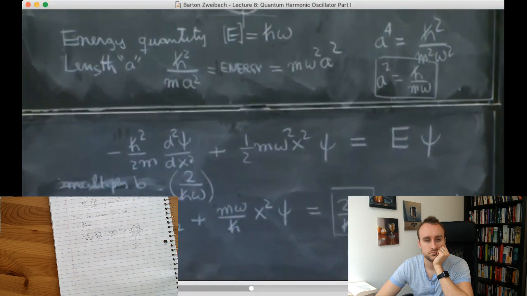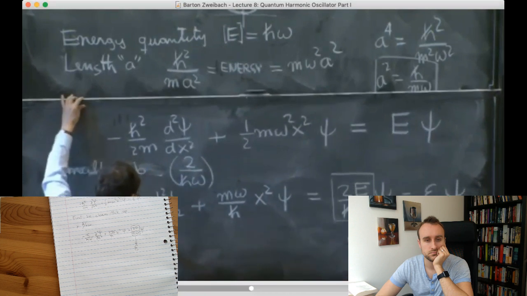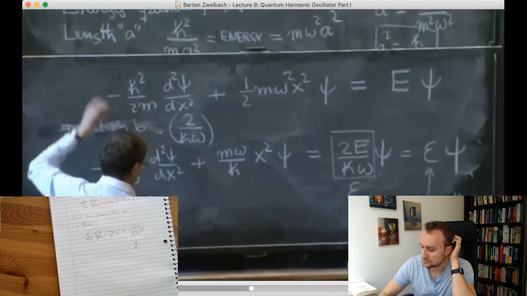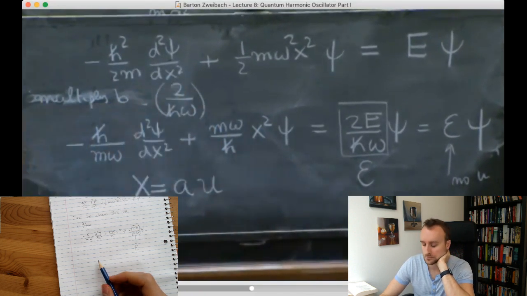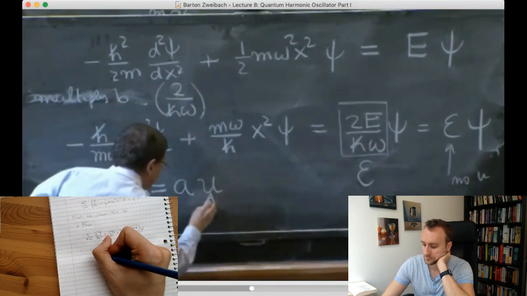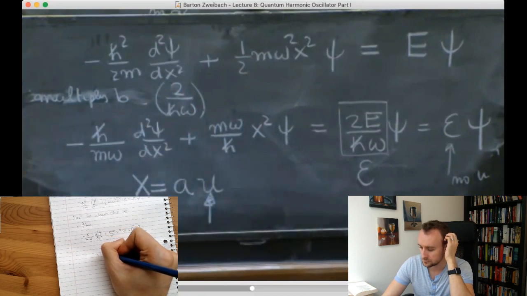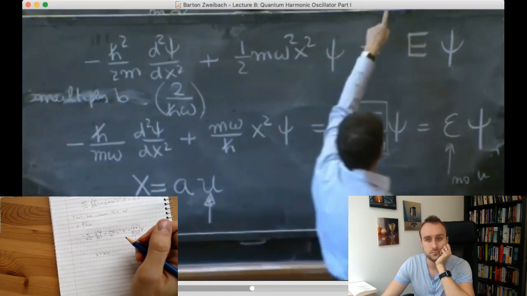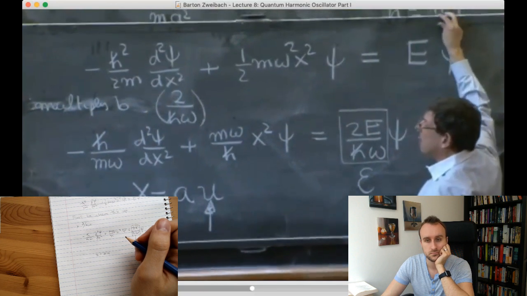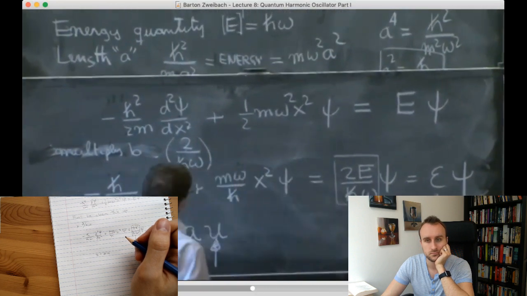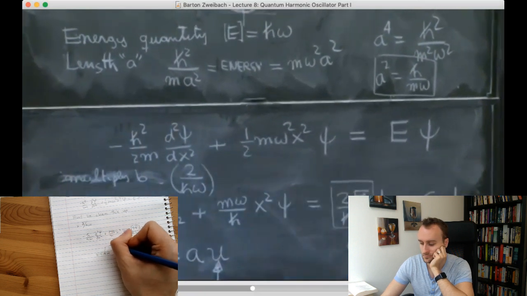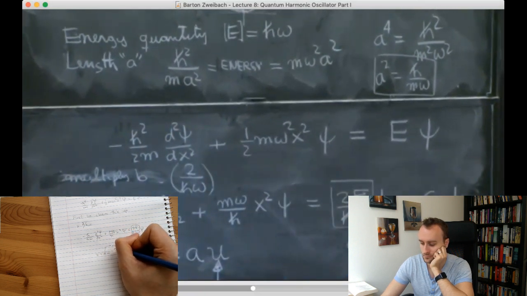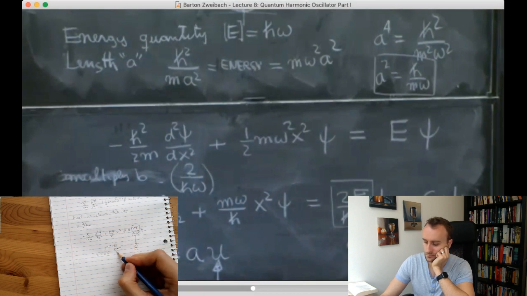And we can now simply say x is going to be equal to a u, a new variable for your differential equation, in which a is this thing, and then this differential equation really has cleaned up perfectly well.